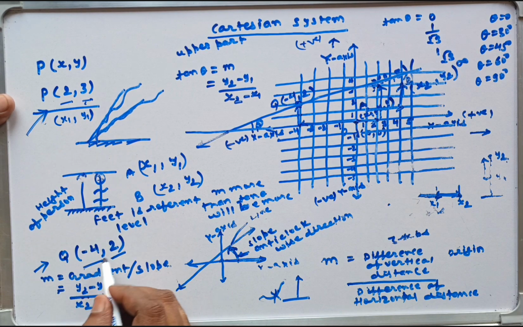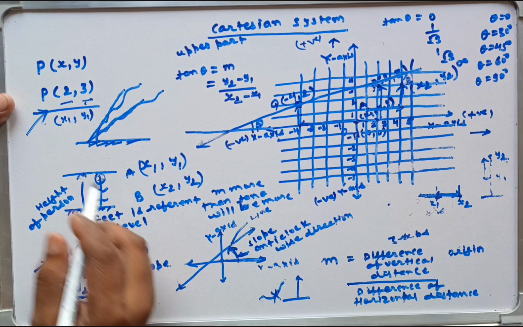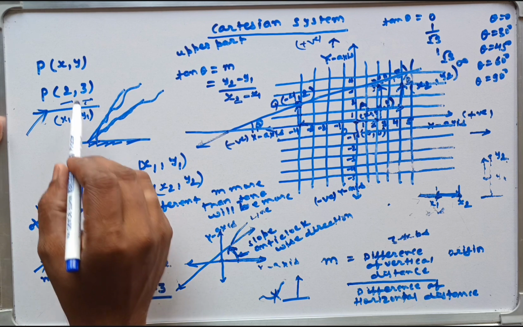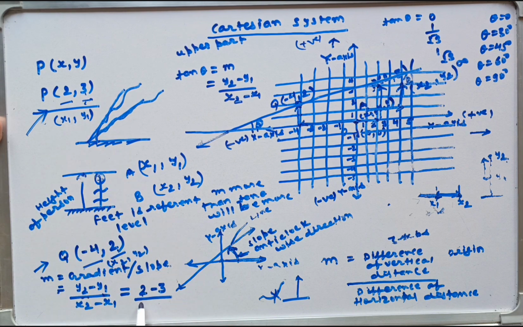Now guys, suppose this point P here has coordinates x1 and y1, and this point Q has coordinates x2 and y2. Then if we put the values here, it will give you the slope or gradient of the line. See, this is y2 and this is y1, 3, then x2 equals -4, then take a negative sign, then again 2.